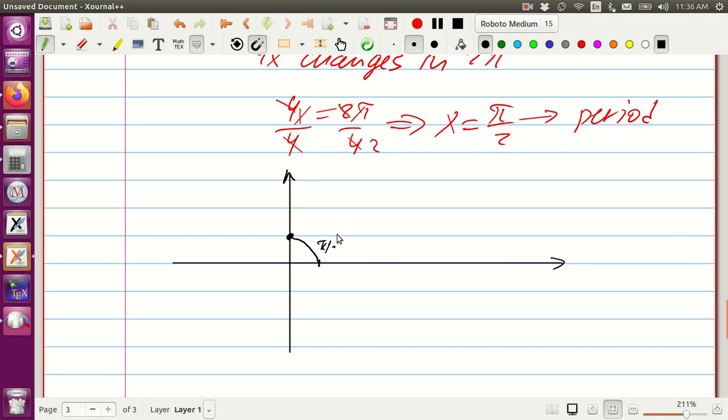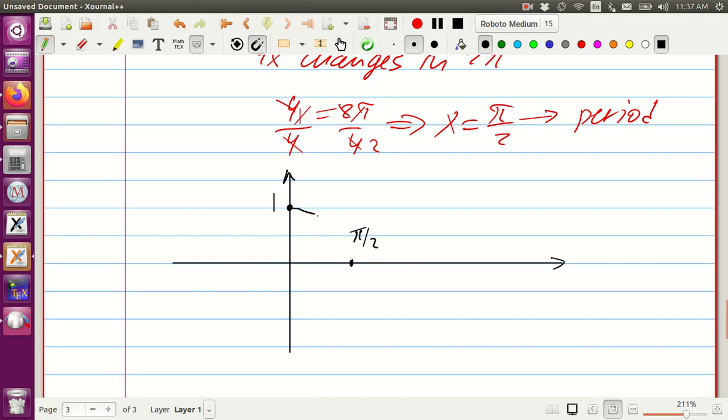Maybe I need to zoom out. So let me go up here. This will be 1, this will be pi over 2.